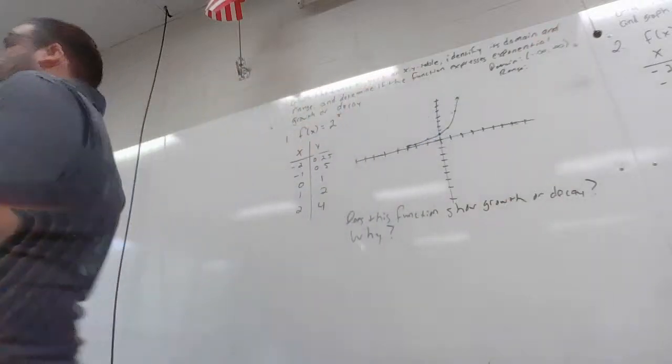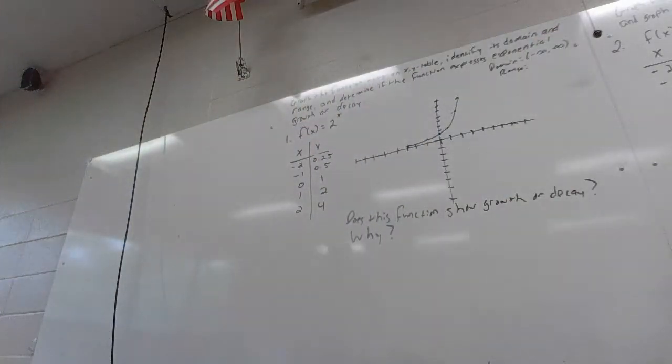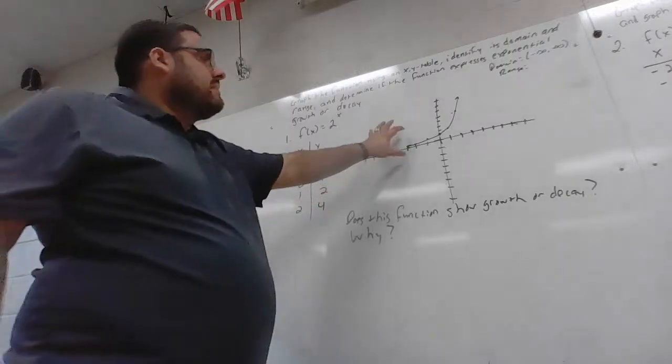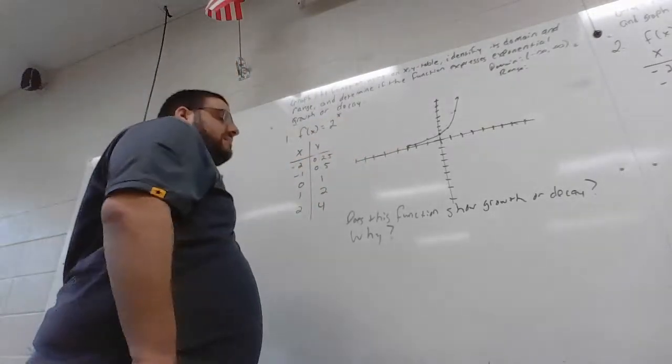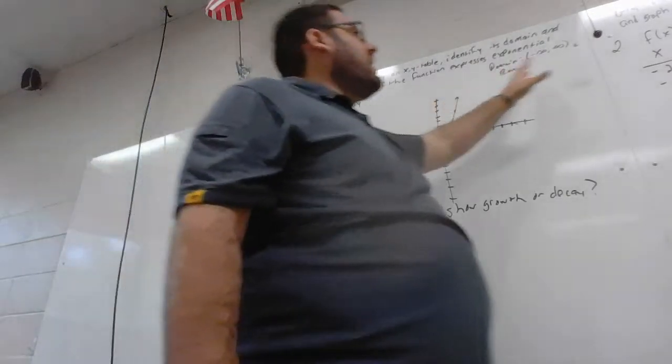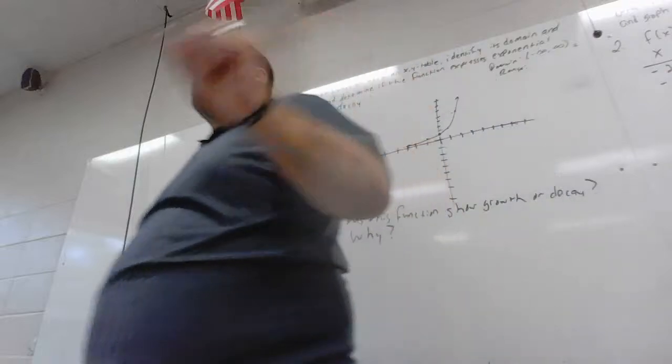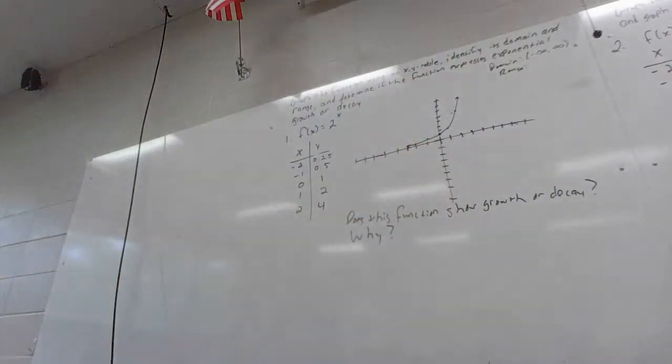Looking at the rule of the function, just 2 to the x, there's no fractions in that. There's no even roots in that. So there's no reason for me to take out any x value. Even just looking at the graph, the left side goes all the way out to negative infinity. The right side goes all the way out to positive infinity if you're going from left to right. Okay. So the domain is negative infinity, positive infinity.